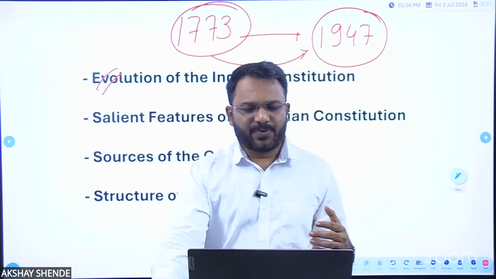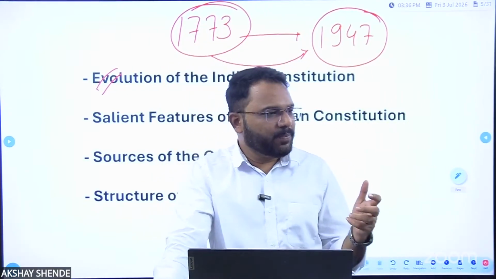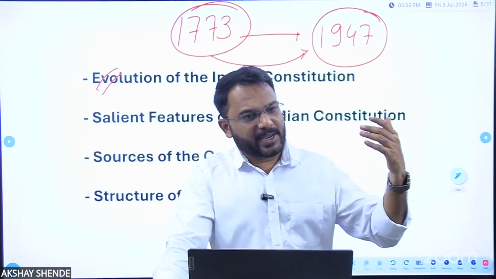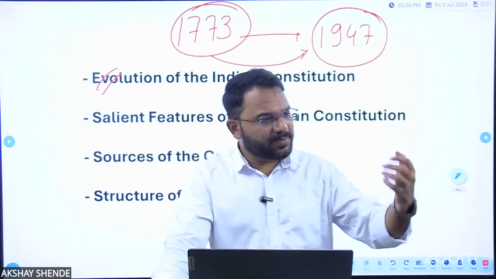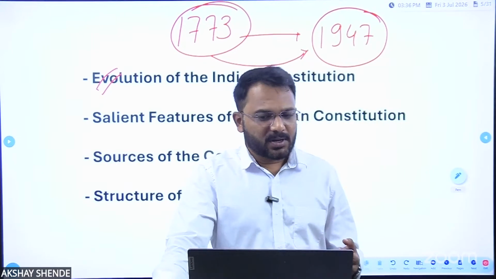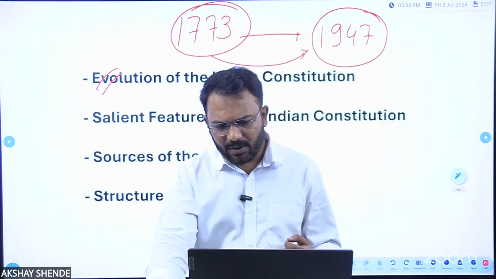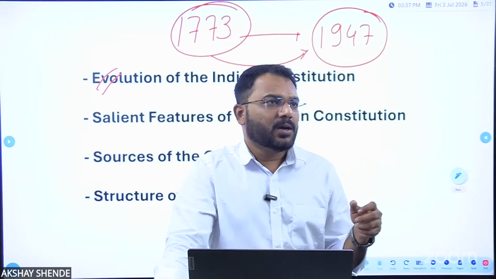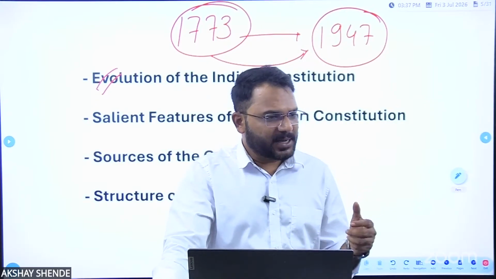Now we are very much familiar with the Supreme Court, with the High Court, with positions like President, Prime Minister, Cabinet Minister, Governors, Chief Ministers, right? We are much familiar with positions or officers like IAS, IPS, IRS.